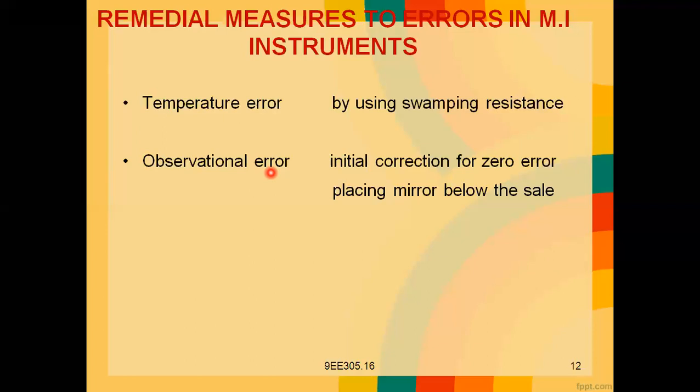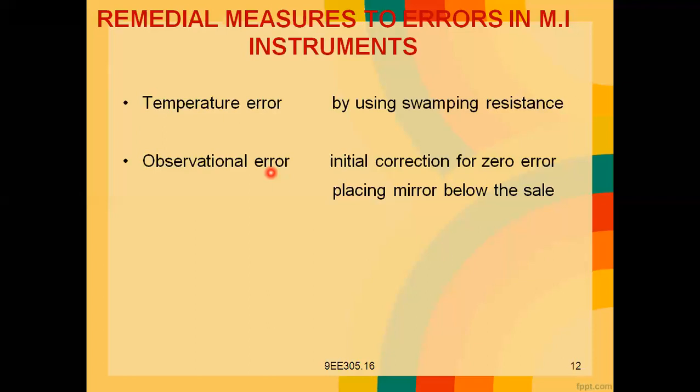If the pointer is below 0 or above 0, we have to adjust the pointer position to 0 and then use it further. Otherwise, we will face error in the indicated value because the pointer will no longer indicate the correct value.